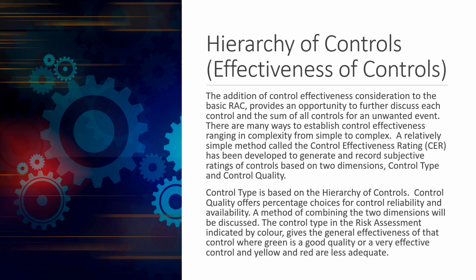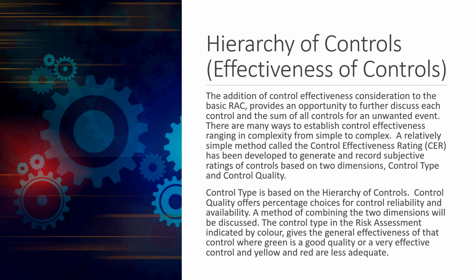What is that quality? Increasing the percentage of effectiveness. By gaining a 40% increase in effectiveness, you will then administer admin controls, training, safe working procedures, risk management, supervisory training. All of this is going to effectively control it.